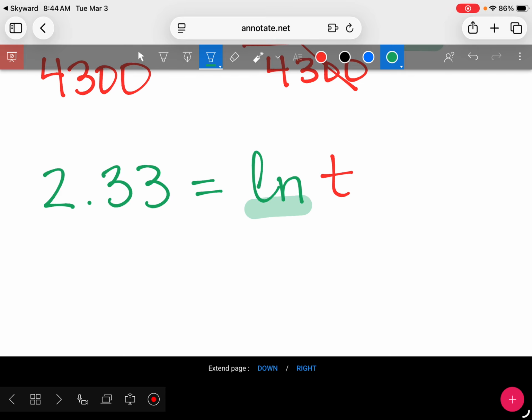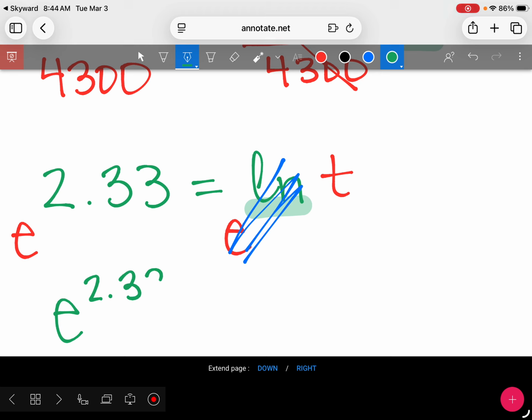E. I'm going to put it up on the E. Now that becomes e to the power of 2.33, e to the power of natural log of T. On this side, though, these are going to cancel each other. So you get e to the power of 2.33 equals T.